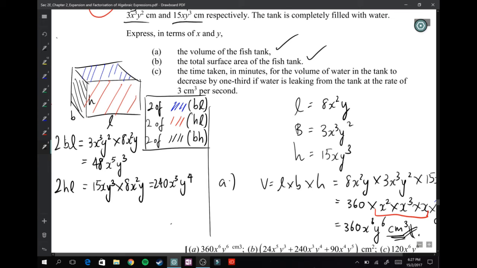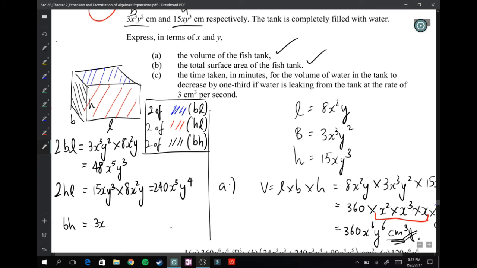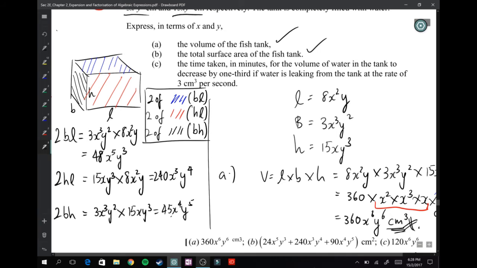And finally 2BH. Let's not do 2BH first, let's just do BH. BH will be B times H, which is 3x cubed y squared times 15xy cubed, and that will give us 45 x^4 y^5, and remember you need times 2, so this 45 will become 90.